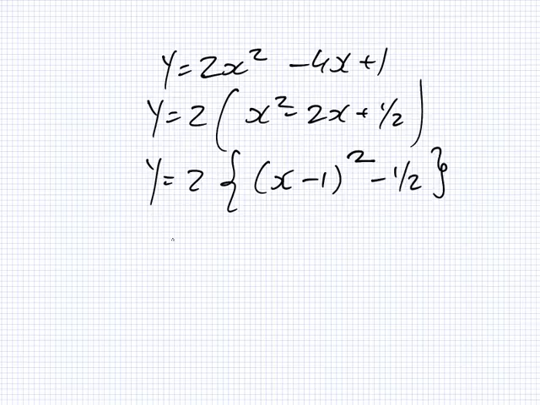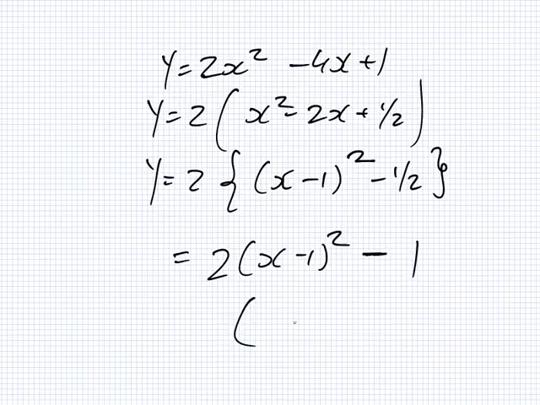Isn't that right? Take out the 2, then there's that one. So that's the 2. So it's 2 times (x minus 1) squared minus 1.